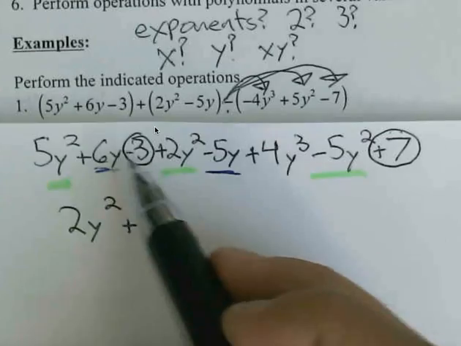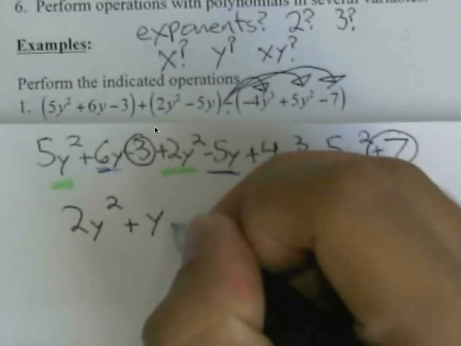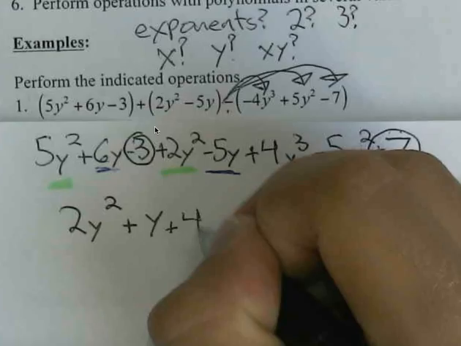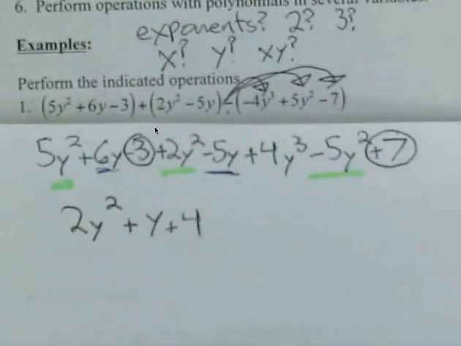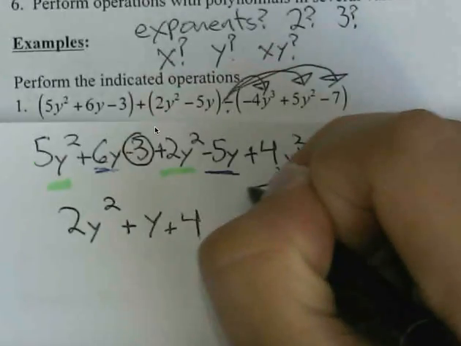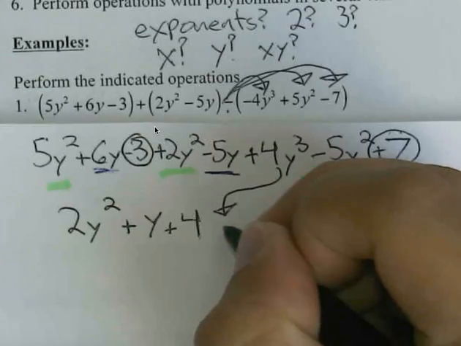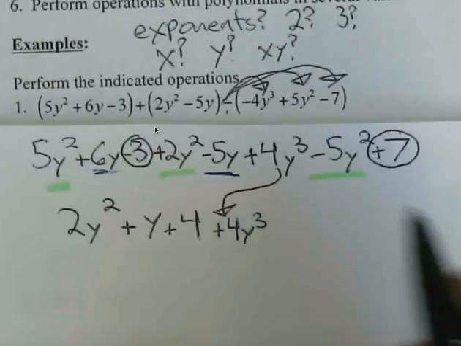Be careful with the terms. If they're negative, hold on to that idea that they're negative. So we're adding on 4. And then are there any terms left over that we haven't talked about? Oh yeah, this little lonely one over here. Add on 4y cubed. There's nothing else we can combine.